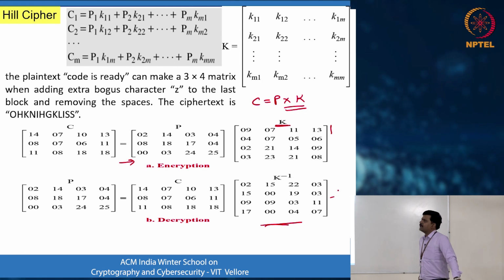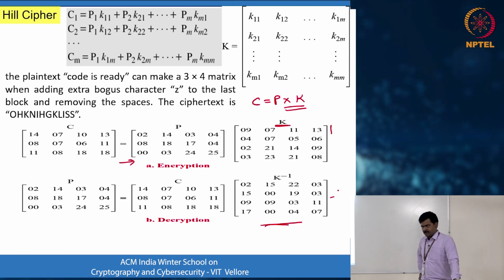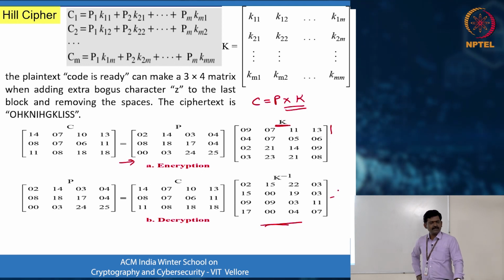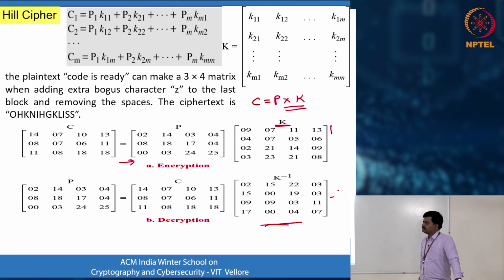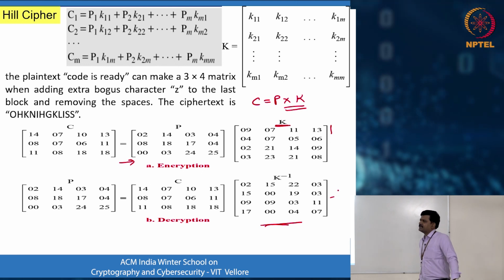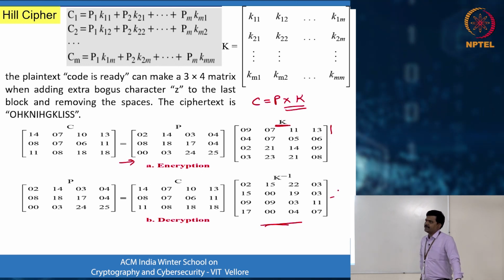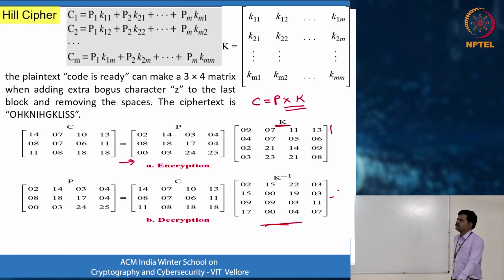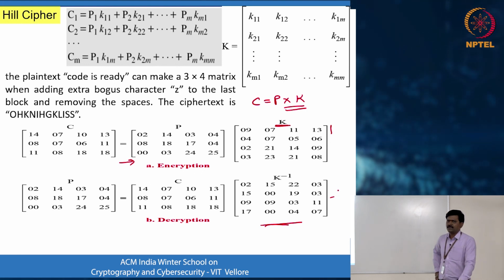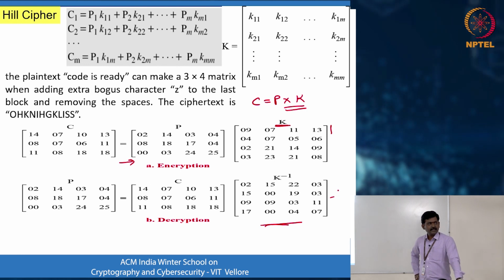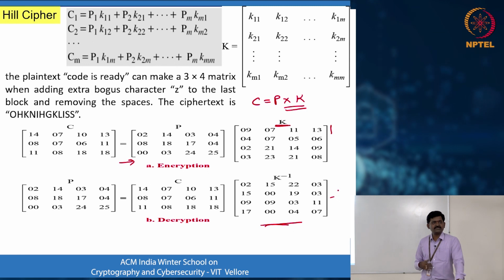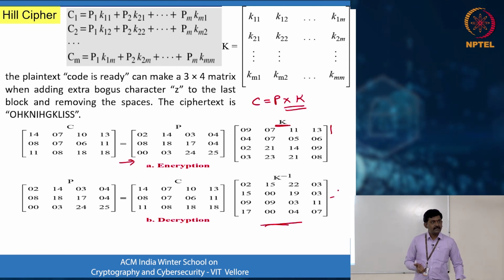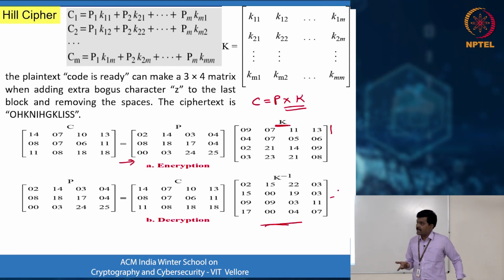Because my K matrix, if you notice, is not equal to K inverse matrix element values. Can I call this symmetric or asymmetric? It is symmetric. The reason is the same key: K inverse has come from K. One should not think that my elements of K inverse are different from my elements of K and hence they are asymmetric. No.